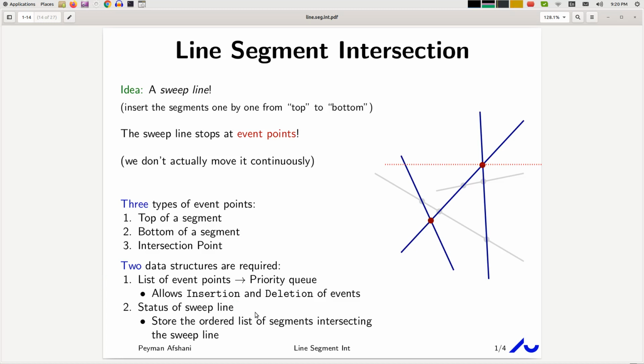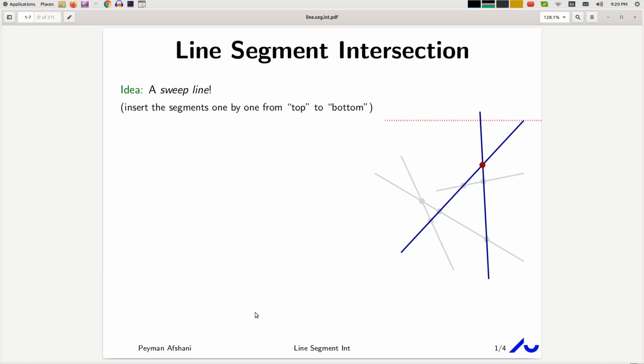So for example, let's go back to the picture. Before this algorithm starts, you populate the priority queue with all the event points. This includes the start events of a segment and the end events of a segment, right? So you have S_i and say E_i, and you add all of them to the queue.